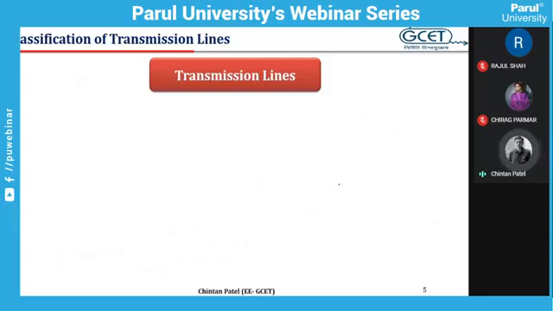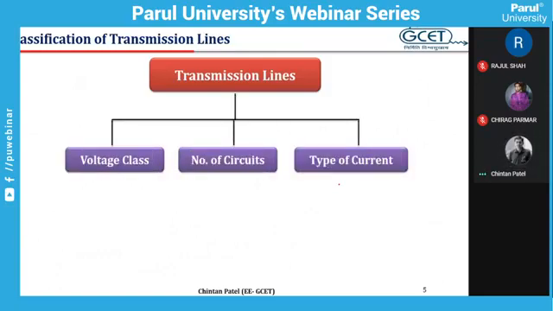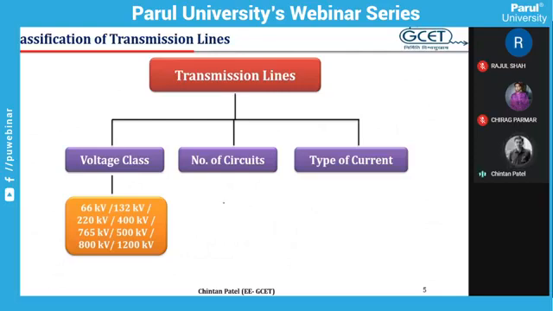Before discussing the transmission line components, we need to classify the transmission lines. There are three main factors responsible for the transmission line classification. The first one is voltage class. Then the second one is based on the number of circuits. And the third one is type of current. In voltage class, as we have observed in the diagram in the last slide, there are various voltage levels starting from 66 kV to 765 kV in AC.